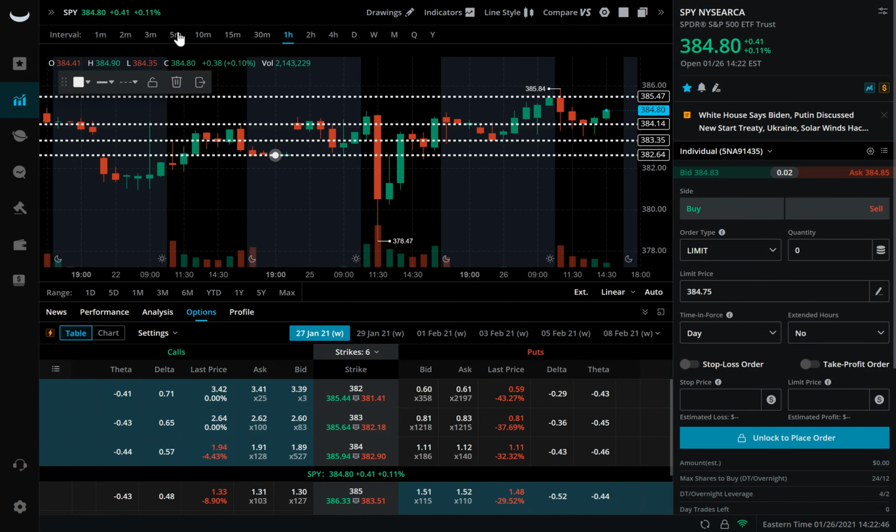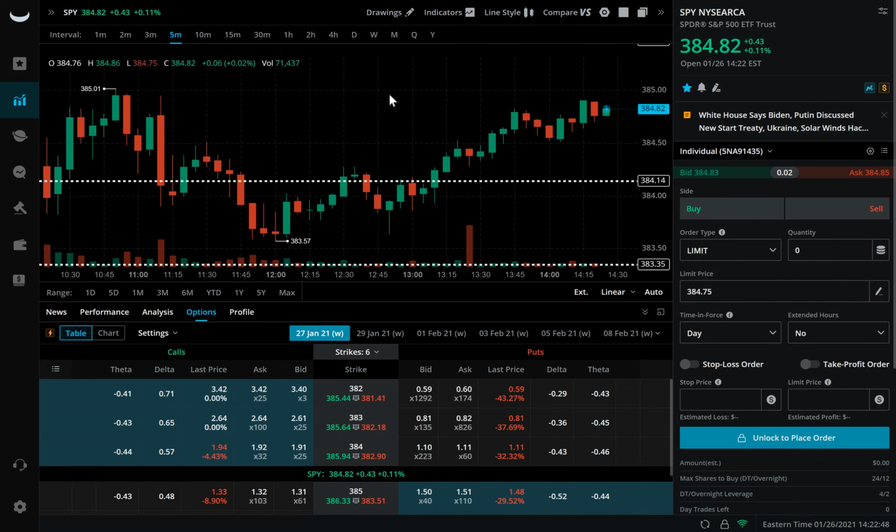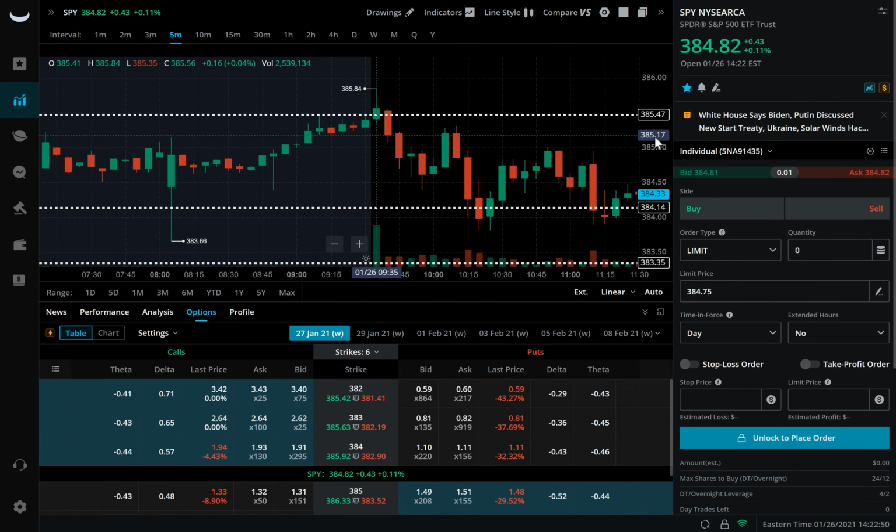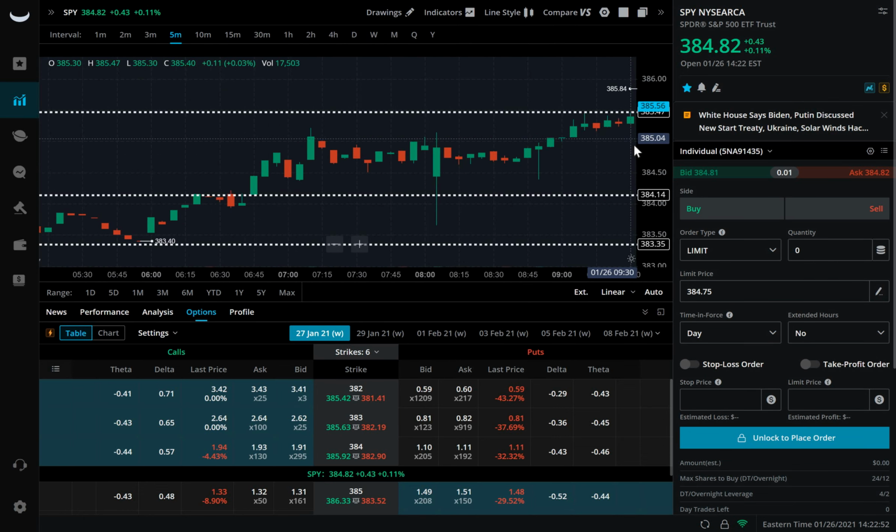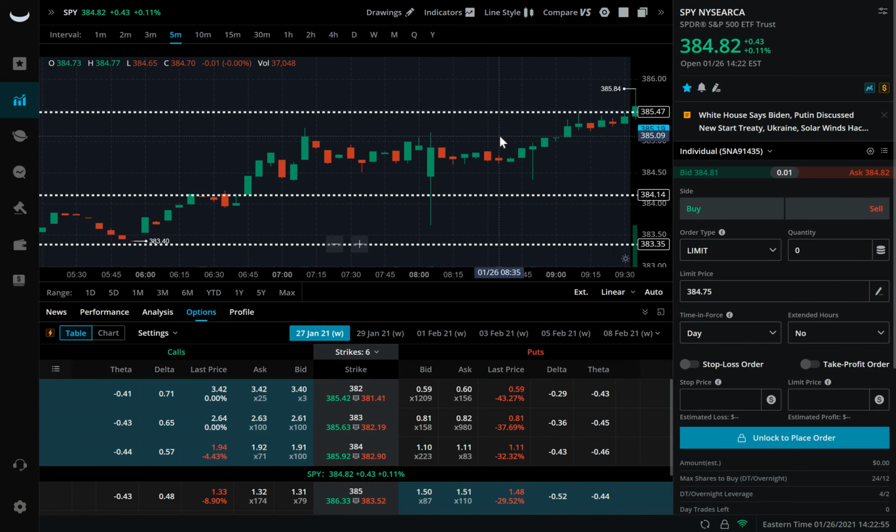Then we will go to the 5-minute chart to look for a trend. So as we see here, there is a low, right? A lower high, a higher high, a higher low, and a higher high.